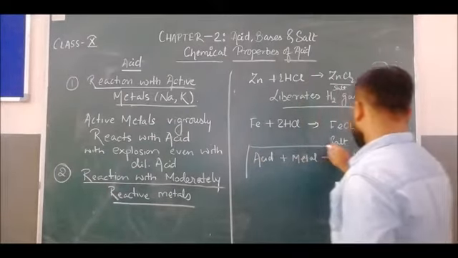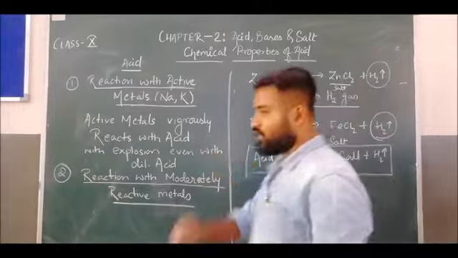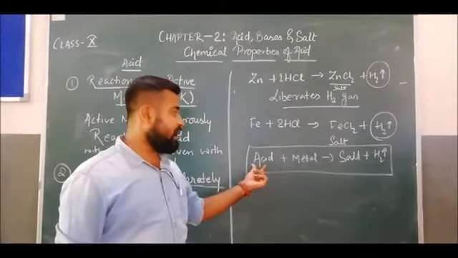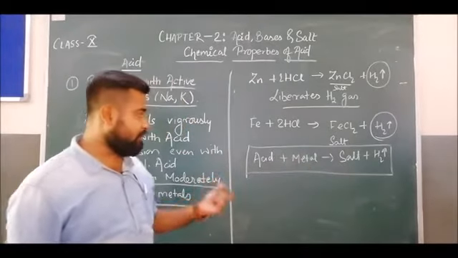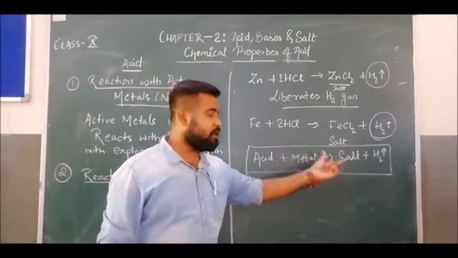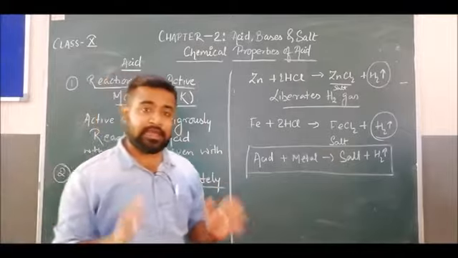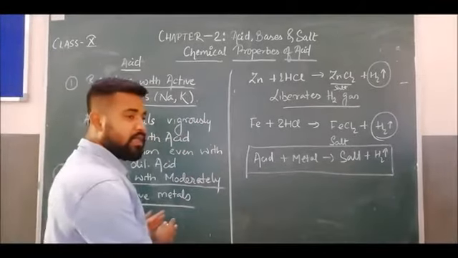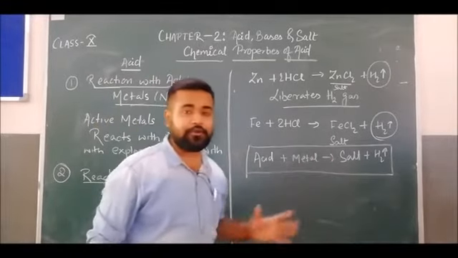This is the general equation of the reaction of acid with metal. Whenever an acid reacts with a metal, it gives salt plus hydrogen gas, and the important characteristic of the reaction of metal with acid is that it liberates hydrogen gas.